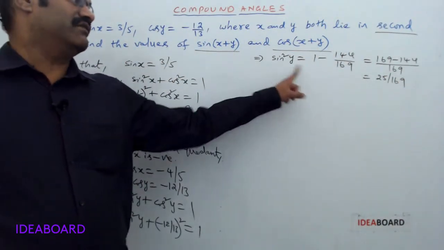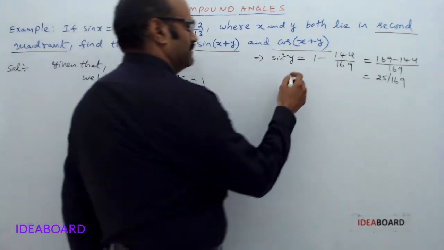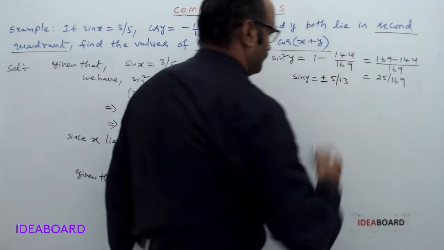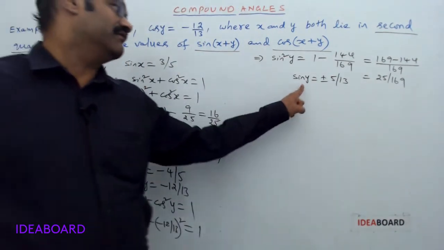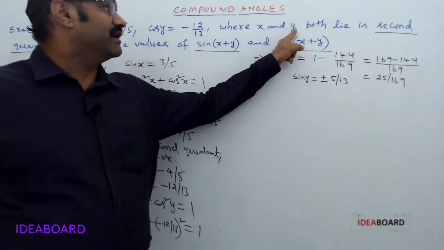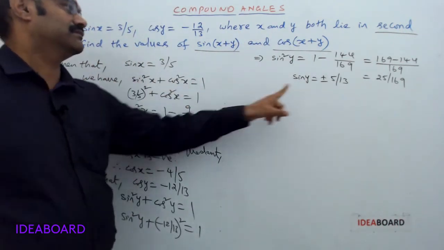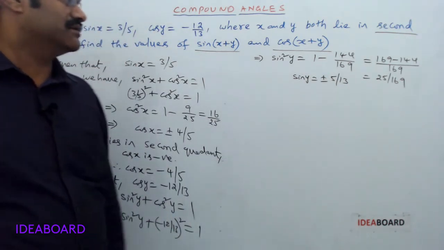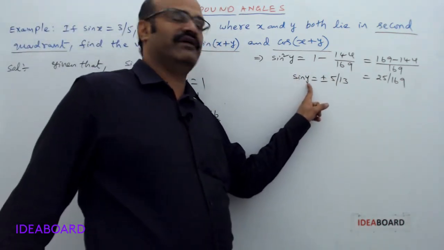Therefore, sin y equal to plus or minus 5 by 13. Since y lies in second quadrant, sin y is positive. In second quadrant, sin y and cosecant y are positive.